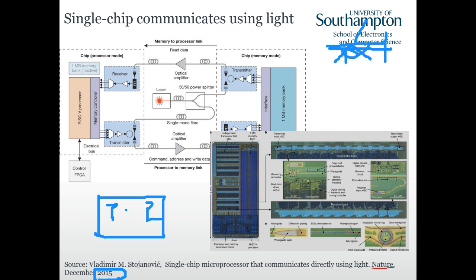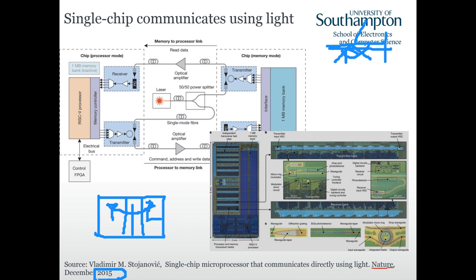Do you remember what is Fourier transform? Fourier transform essentially is a series of phase rotations. So if we have a transmitter here, a receiver here, and then a series of materials, when light propagates through these materials, it can perform Fourier transform.